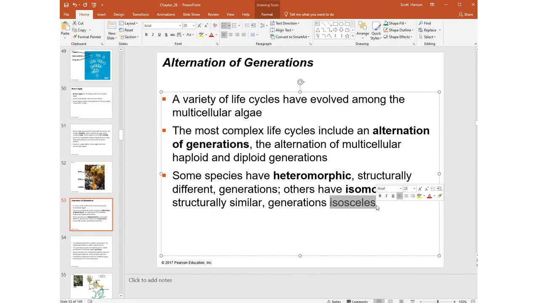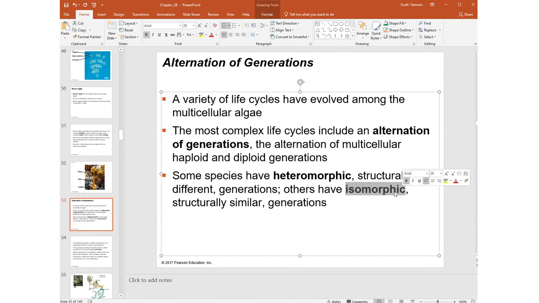Or if you do isometric exercises, the body part is not moving. It maintains an equal length throughout the exercise. But anyway, iso means equal.